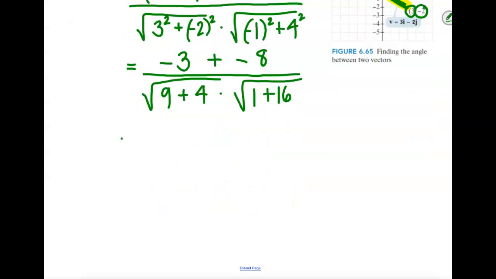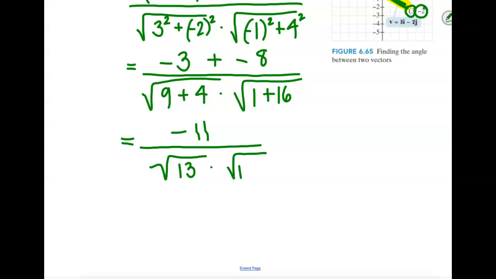All right, continue back to the numerator. Negative 3 plus negative 8 is negative 11. Denominator, 9 plus 4 is 13, 1 plus 16 is 17. Then we'll multiply those denominators together. So 13 times 17 is 221.